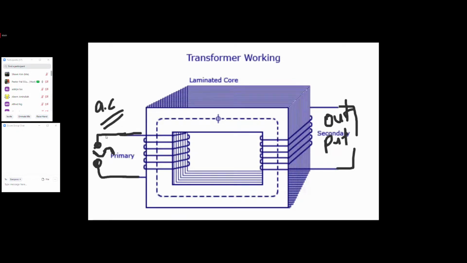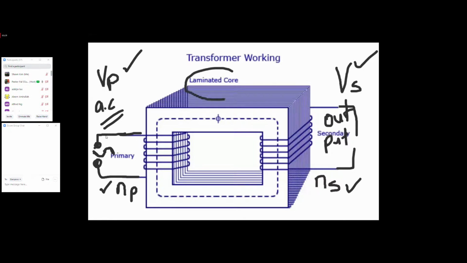So we'll have the primary coil with its number of turns, NP, the secondary coil with its number of turns, NS, the primary voltage, VP, and the secondary voltage, VS. And there will be a laminated core.